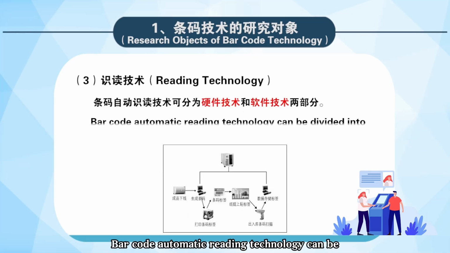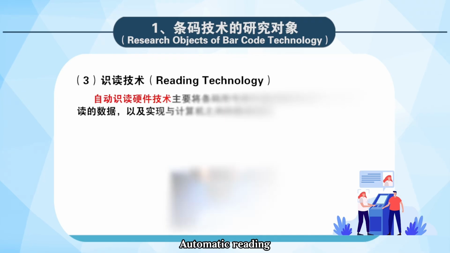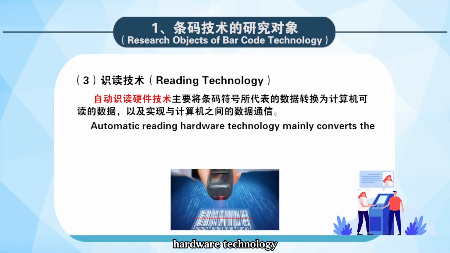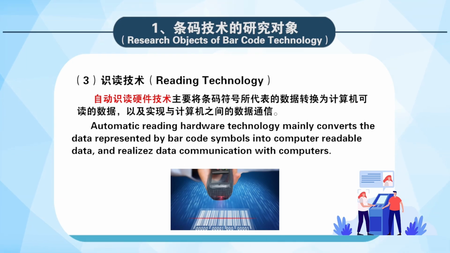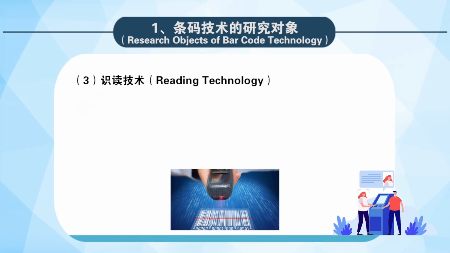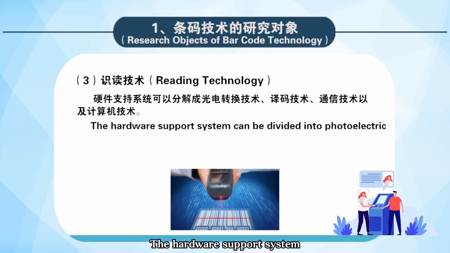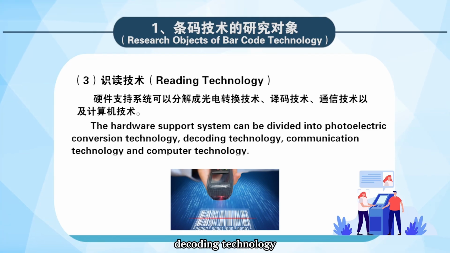3. Reading technology. Barcode automatic reading technology can be divided into hardware technology and software technology. Automatic reading hardware technology mainly converts the data represented by barcode symbols into computer-readable data and realizes data communication with computers. The hardware support system can be divided into photoelectric conversion technology, decoding technology, communication technology, and computer technology.